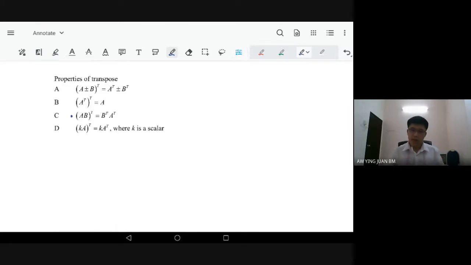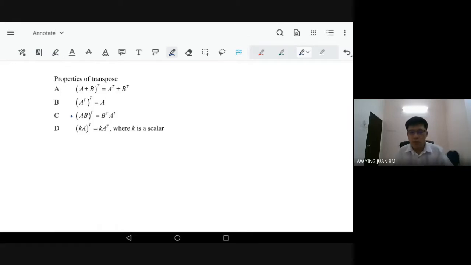So kindly take note. Here we have the session for number 1, which is the matrix order, followed by the elements or entries. Second, we have the types of matrices. Objective number 3, we are focusing on the operations of matrices, especially the calculator for the multiplication of 2 matrices.